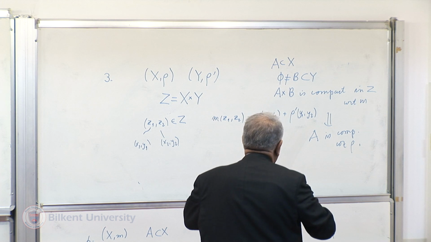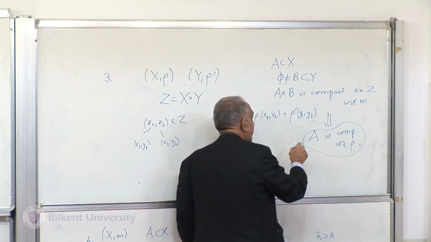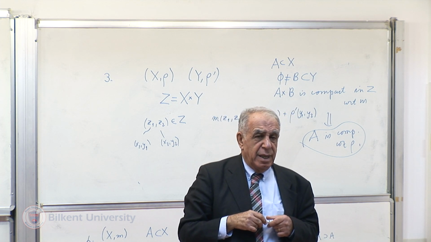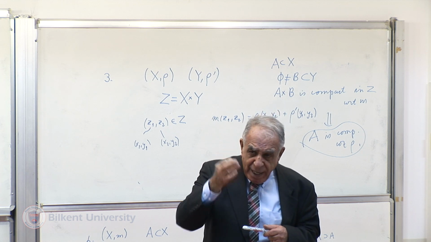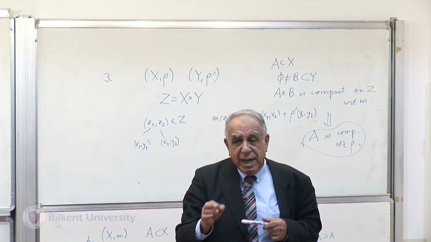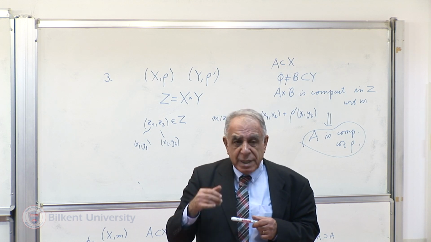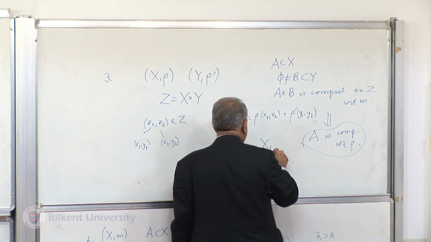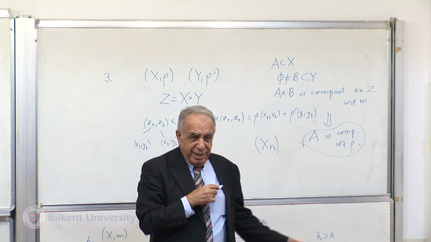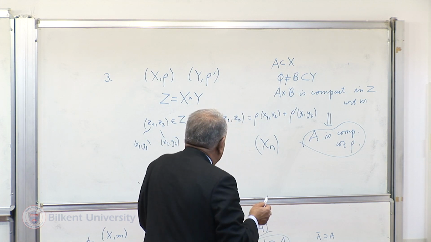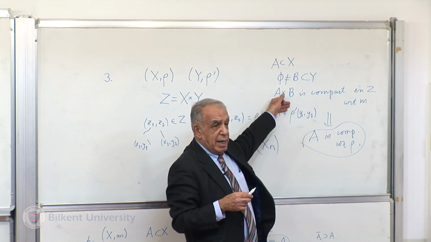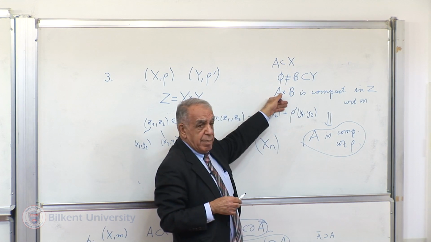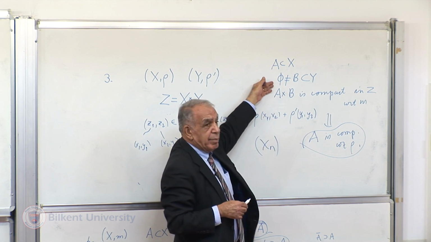You are supposed to show that A is compact. Well, in terms of sequences, what's the equivalent to that? Any sequence in A should have a convergent subsequence whose limit belongs to A. Well, take xn and check whether that's so. But the information we have is in the product space. A cross B is compact. B is non-empty.